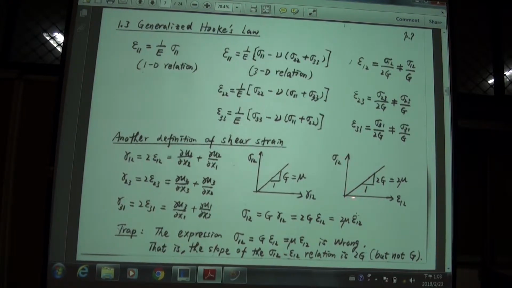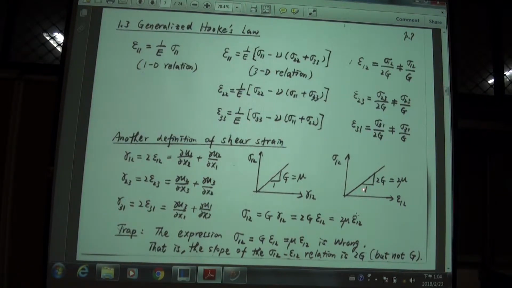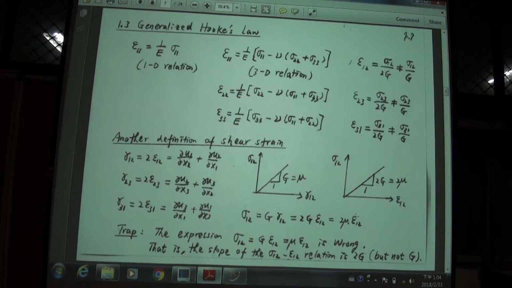See, if you draw the relation between the shear stress and shear strain, you get a line, and then you measure the slope of this line. Listen, be careful. Don't take the slope as the shear modulus. The slope of this line is 2 times the shear modulus. Okay, so here it is not G. Instead, it is 2G, or 2 mu.